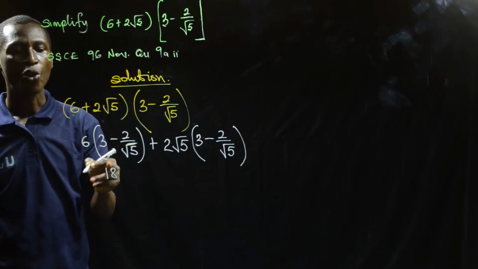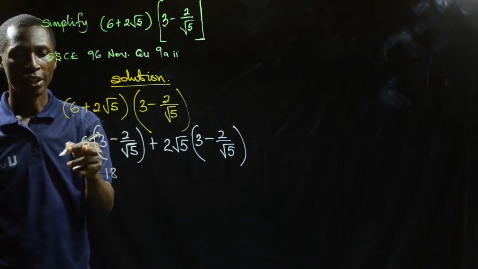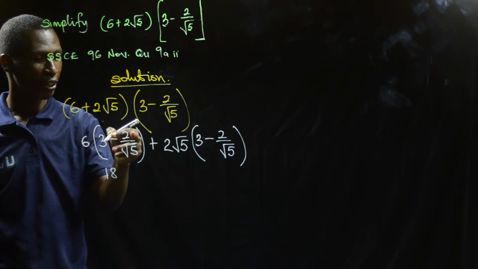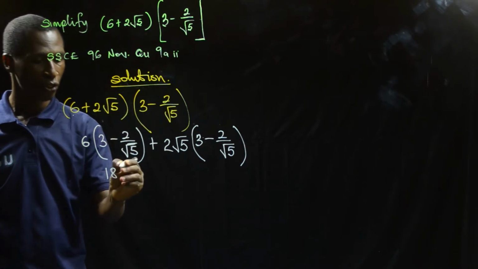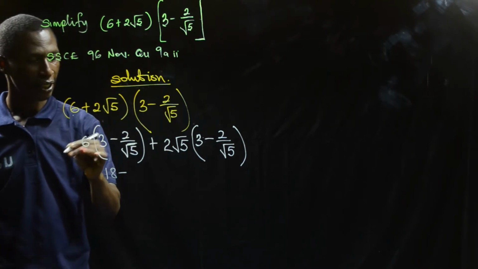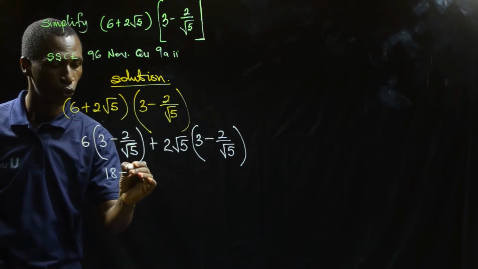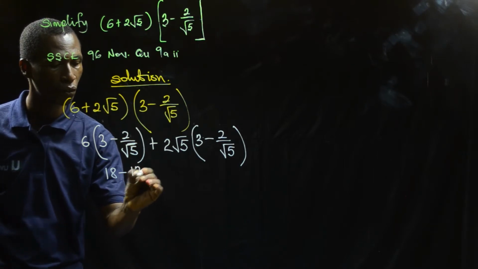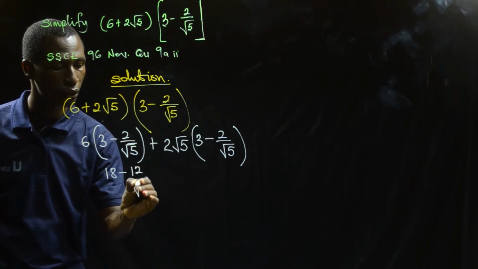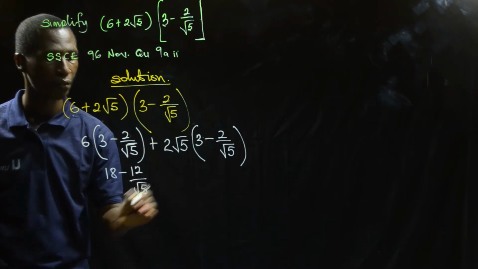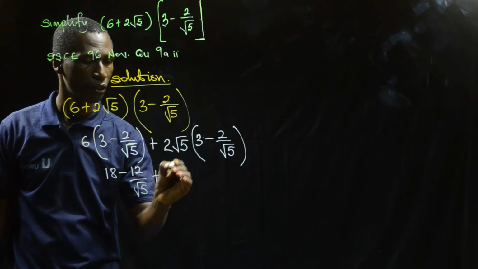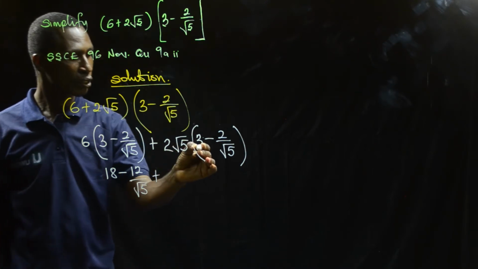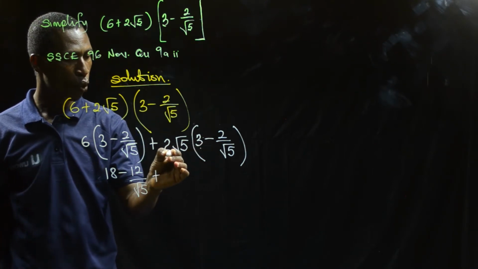Then anytime you have a fraction and a figure outside the fraction multiplying the fraction, the figure will multiply the numerator but not the denominator. So there's minus 6 times the numerator, which is going to give me 12 over root 5. Good. Plus, now the 3 will multiply the coefficient.